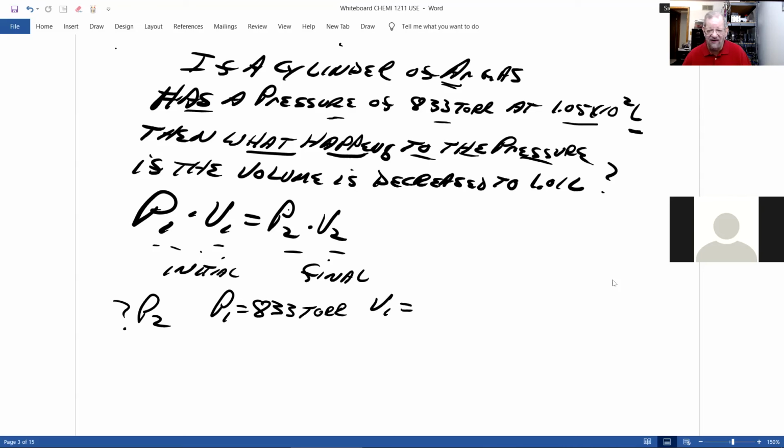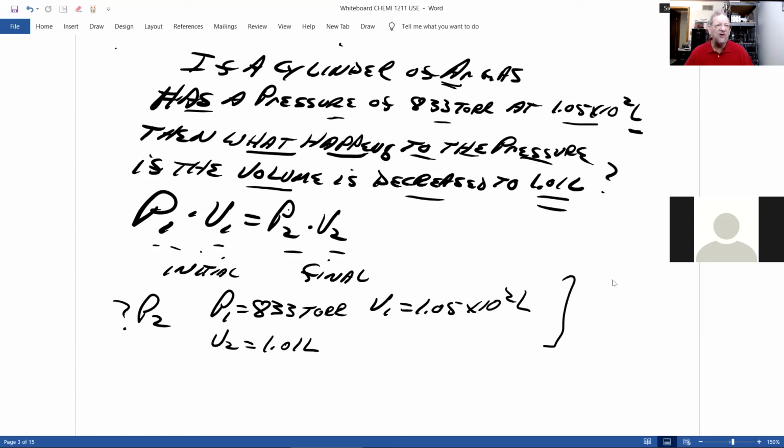That's the initial volume, V1. And we're given if the volume is decreased. And that's the final volume, V2. And if you look at all this, you'll only see pressure and volume. Temperature hasn't changed. And we're dealing with a gas. So you use Boyle's law.